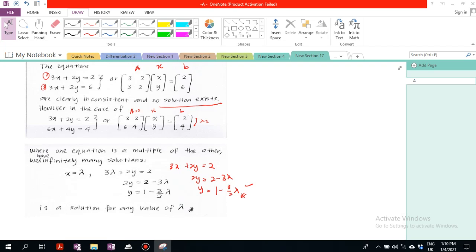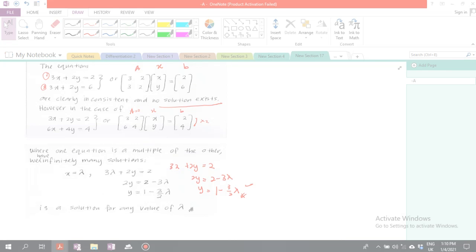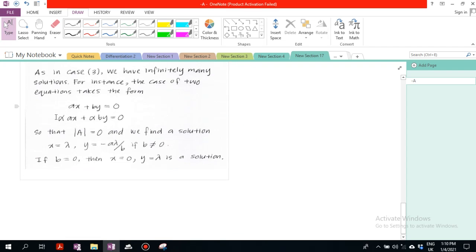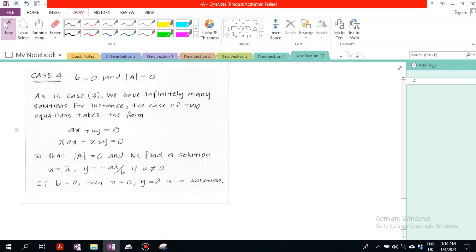The last one is case number 4. What happens if your b is equal to 0 and your determinant is also 0? In this case, we have infinitely many solutions. For instance, for two equations, you have ax plus by equal to 0, and so on.